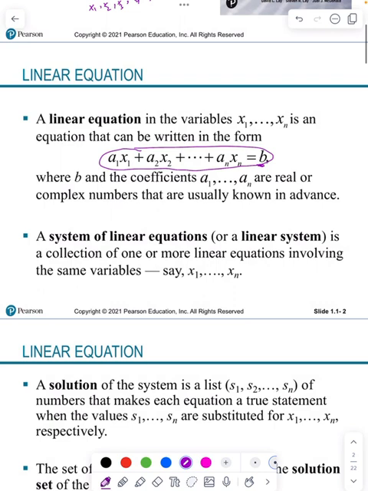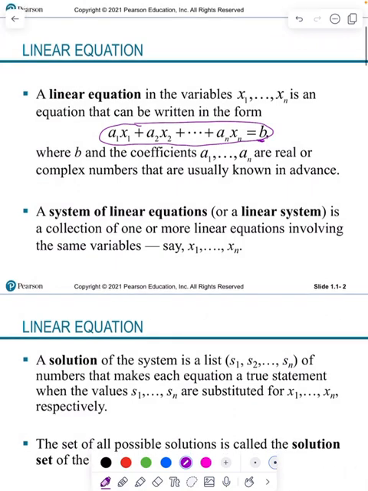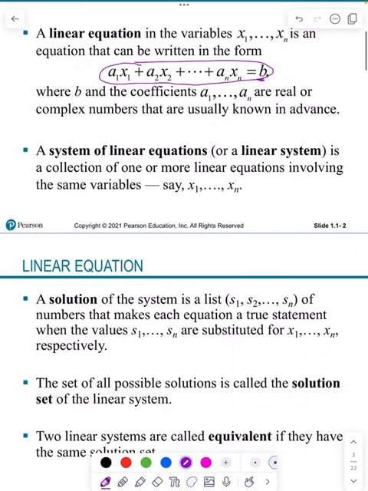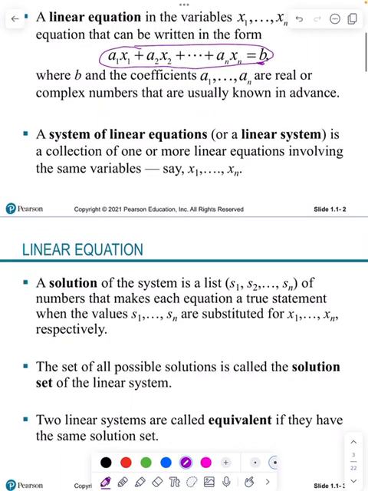Now a system of linear equations, or simply a linear system, is a collection of one or more linear equations involving the same variables. A solution of the system is a list. We put it in parentheses because when we have a system of two equations, our answer could be like (1, 2).